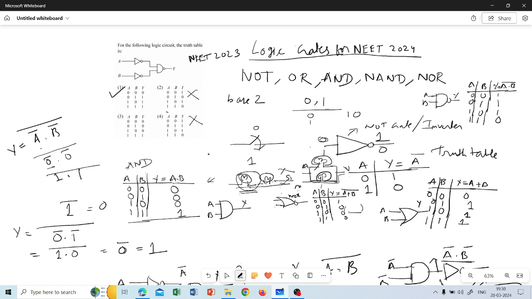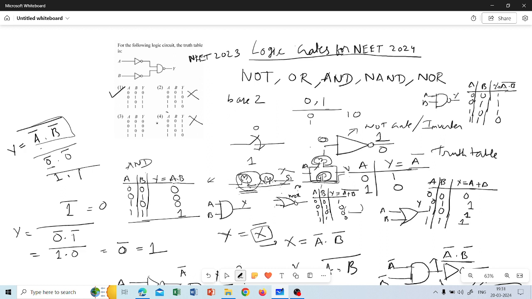So this whole expression I can take as some x. So Y is equal to some x bar, where x is another, more complex expression, A complement dot B complement. So this is nothing but simply a NOT gate.